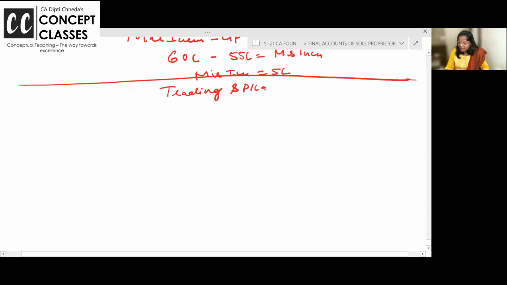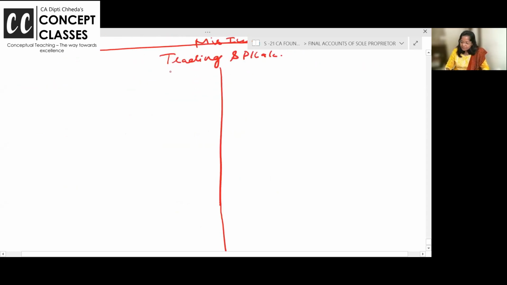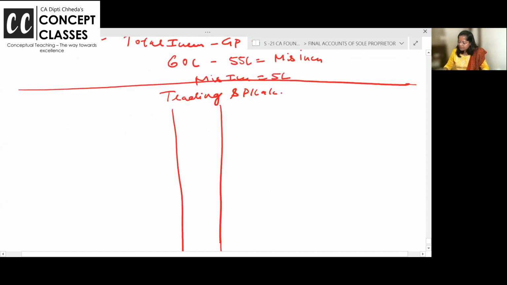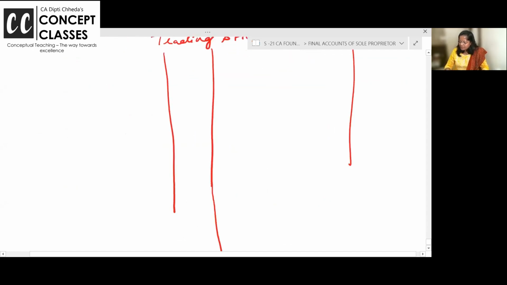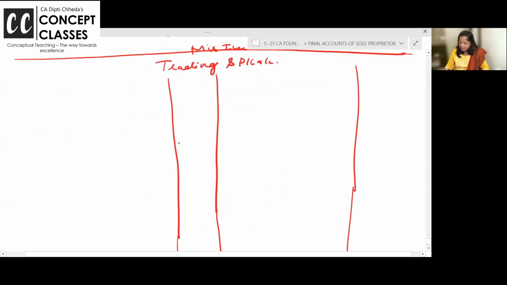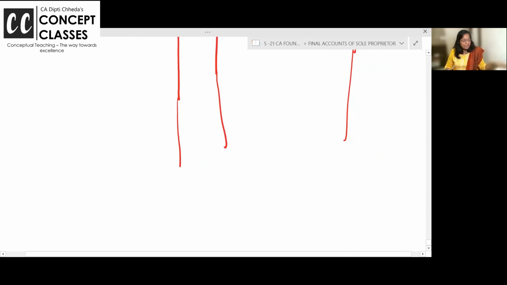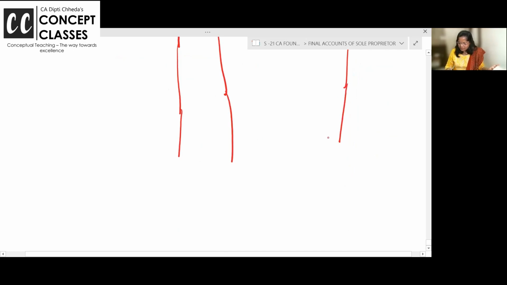Trading and P&L account. Above the line, below the line. That's how we make it. This upper part is the trading account, and the part below, we are making as P&L account.